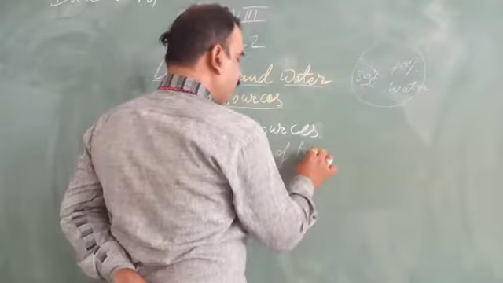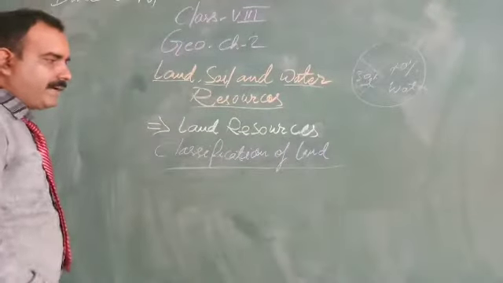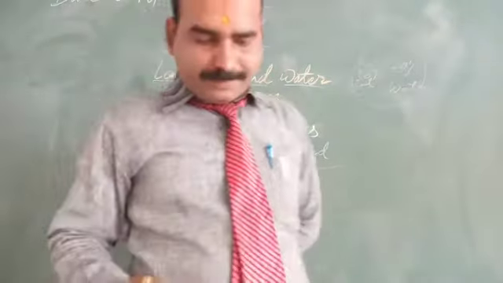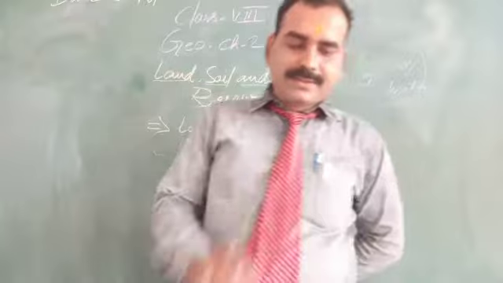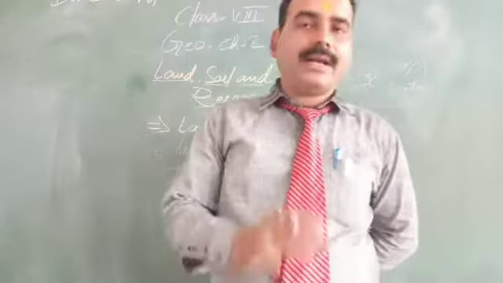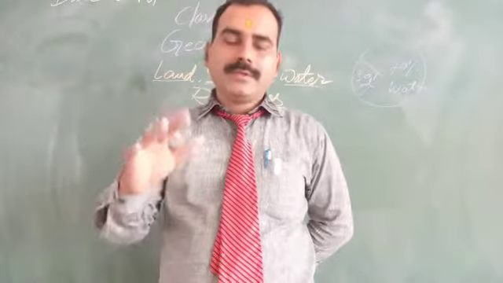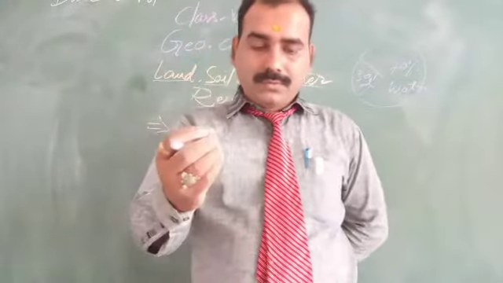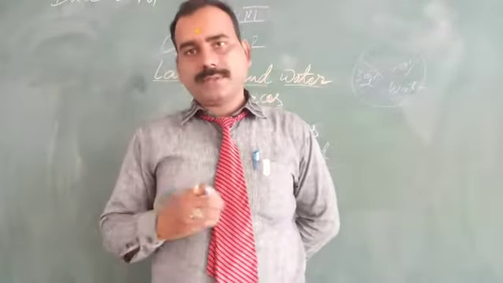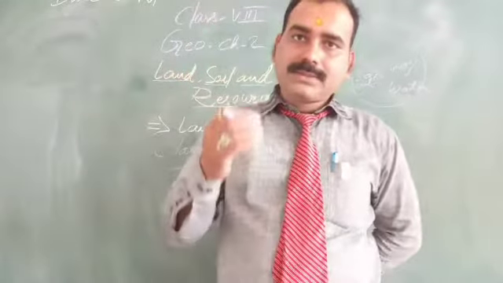Classification of land. Here students, lands are classified on the basis of ownership. On the basis of ownership, there are two types of land, private land and community land. Private land is used and owned by a person or a group of people for personal use.